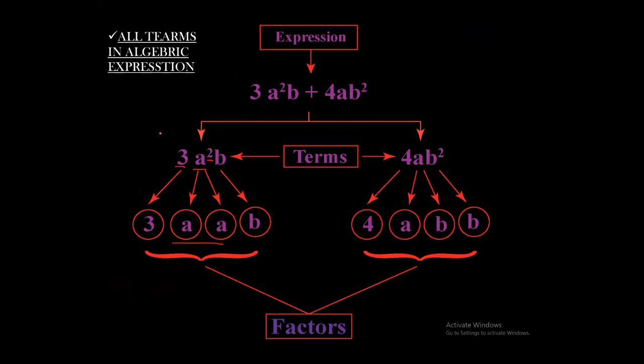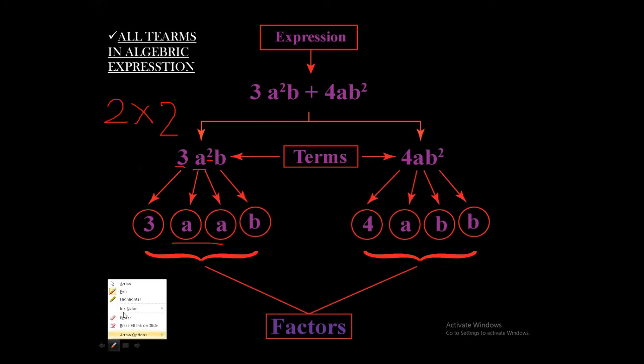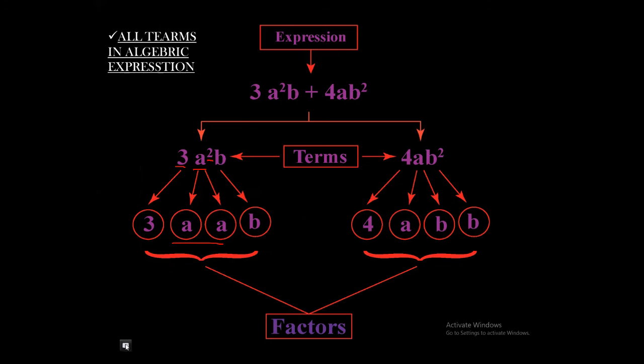It's written as a squared because a to the raised power of 2 basically just means a into a. So that's why here we have different factors, that's called factors, as you know. So here we have an expression which is divided into terms, which are further divided into factors.